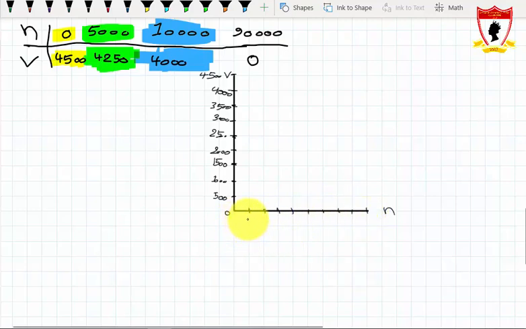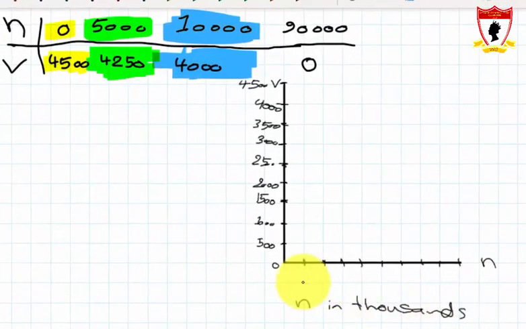We can write it like this. N, which is the mileage or number of kilometers in thousands. Then this is 10,000, 20,000, 30, 40, 50, 60, 70, 80, 90,000.